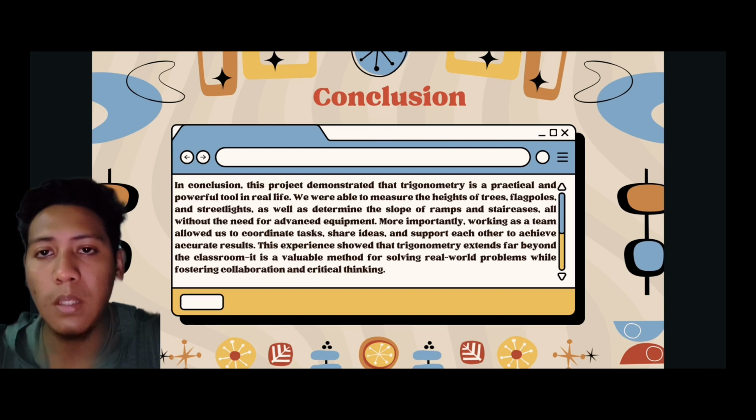More importantly, working as a team allowed us to coordinate tasks, share ideas, and support each other to achieve accurate results. This experience showed that trigonometry extends far beyond the classroom.